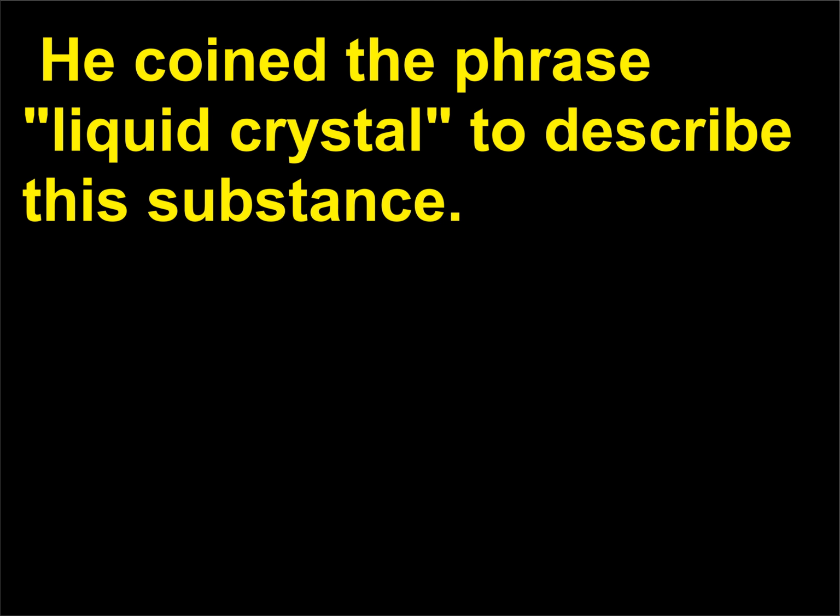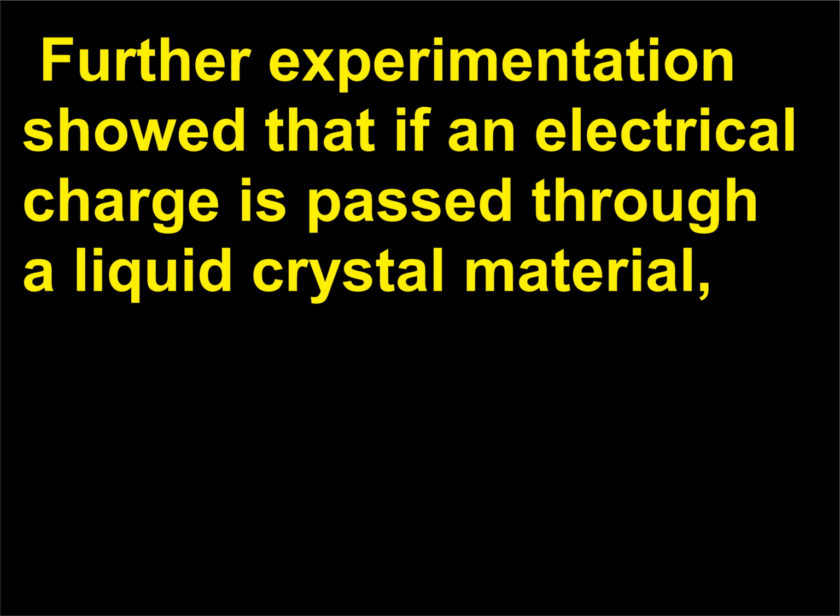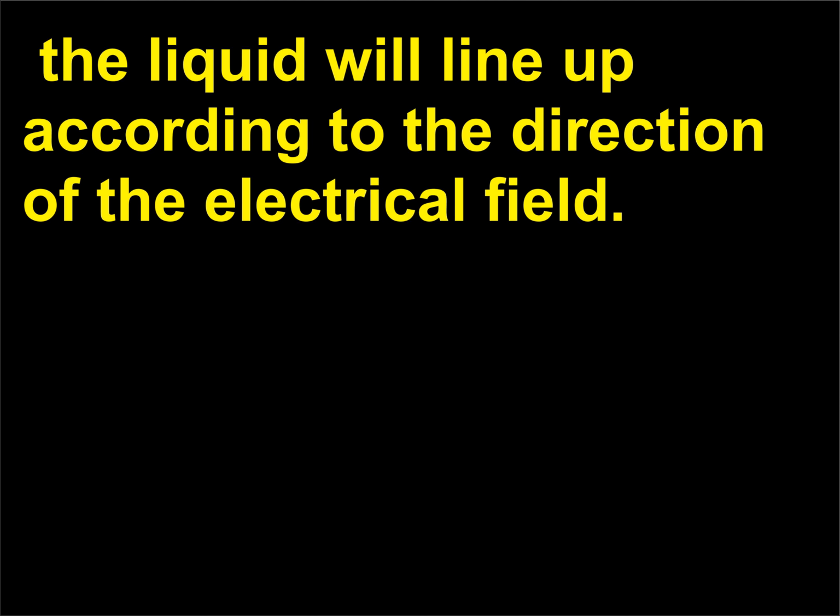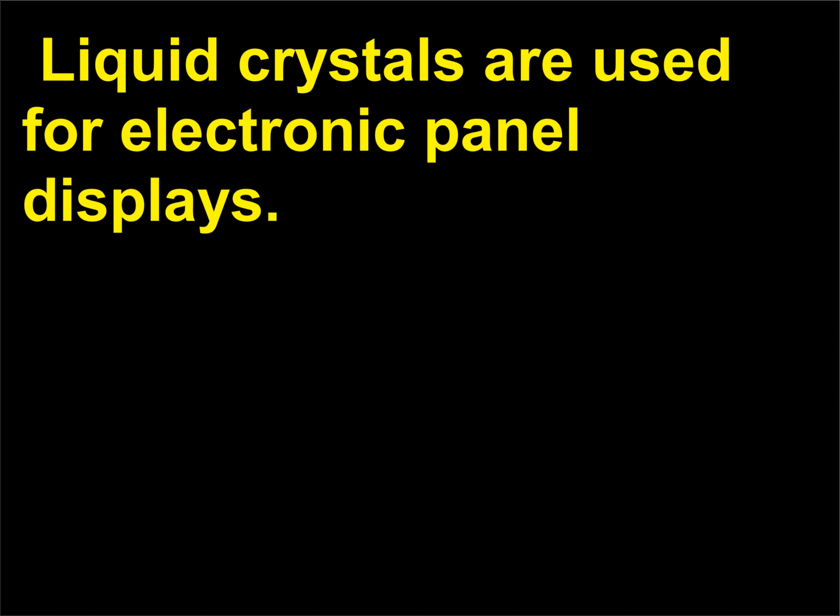He coined the phrase liquid crystal to describe this substance. Further experimentation showed that if an electrical charge is passed through a liquid crystal material, the liquid will line up according to the direction of the electrical field. Liquid crystals are used for electronic panel displays.